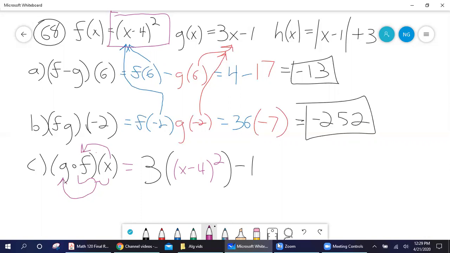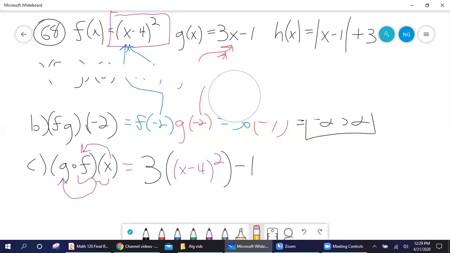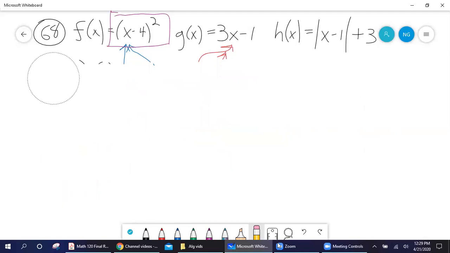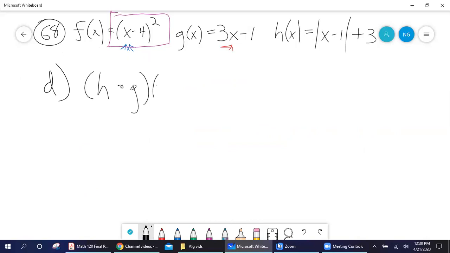For letter D, we're doing h of g of x. Again, I kind of go right to left here. If x went into g, that would just give me the normal g function.